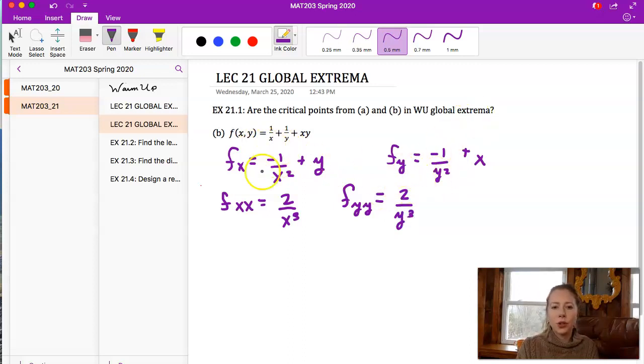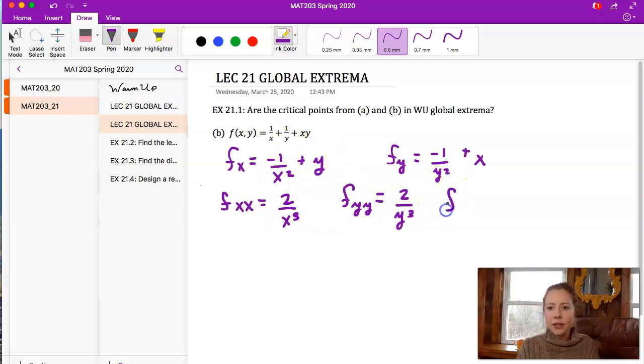And remember our trick: it's always easier, when dealing with a power in the denominator, to say this is the same as minus 1 times x to the minus 2. So you bring the minus 2 out front, minus times a minus is a positive, and you subtract 1, so we end up with positive 2x to the minus 3.